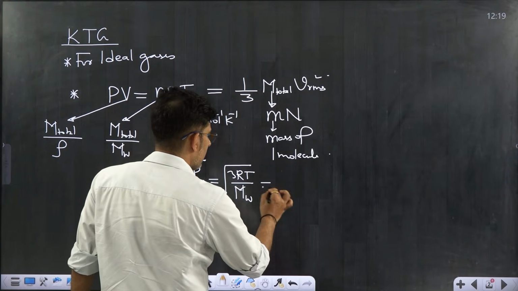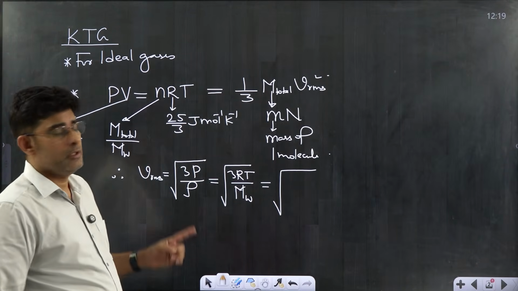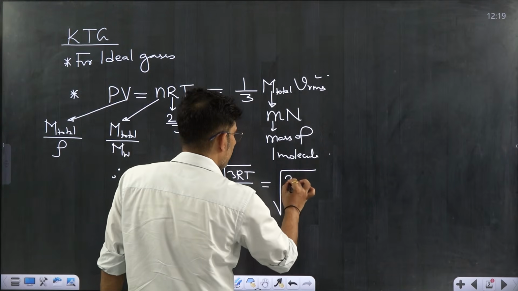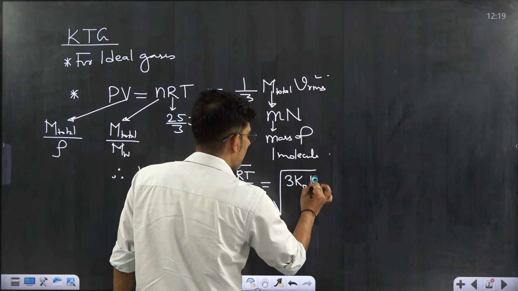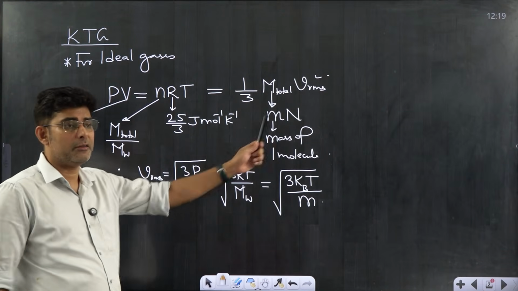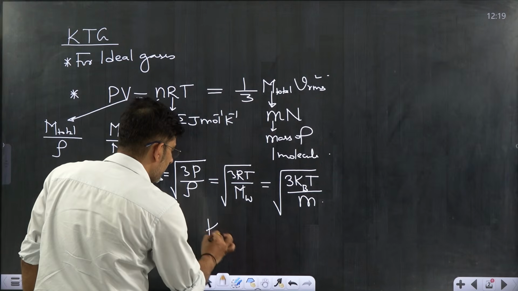Or you can put another constant, because molecular weight is the mass of one molecule into Avogadro's number. Using that, we can express it in one more important form: root of 3 k_B T by m. Small m, as I told, is the mass of one molecule, and T is the temperature. k_B here is Boltzmann's constant.